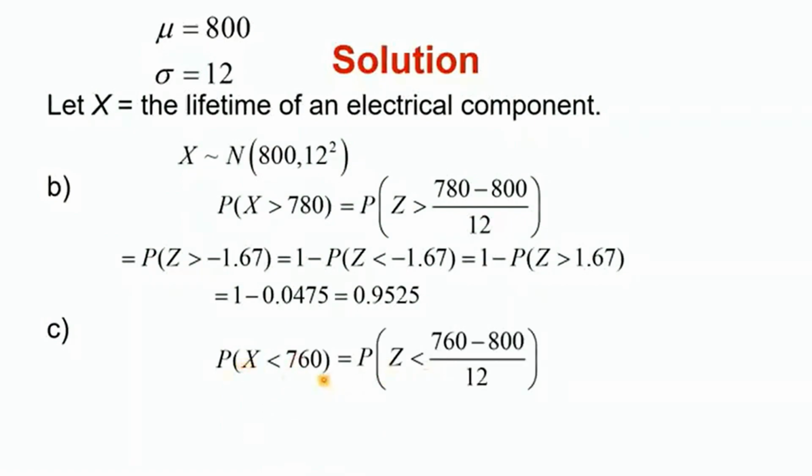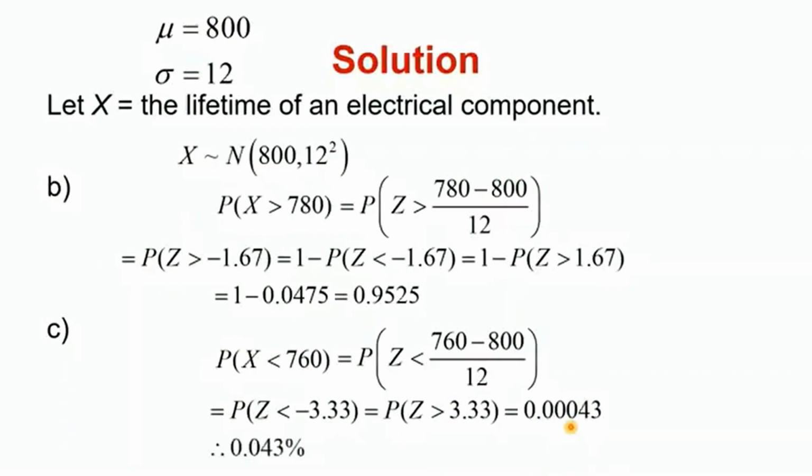Z is less than (760 minus mean) divided by standard deviation, and then you have Z less than negative 3.33. This one is the left side because Z is negative, and the probability of less than a negative value is the same as the probability of Z more than the same positive value, by the symmetric property. Then the probability for X less than 760 is 0.0043. In fact, the probability is also a percentage.